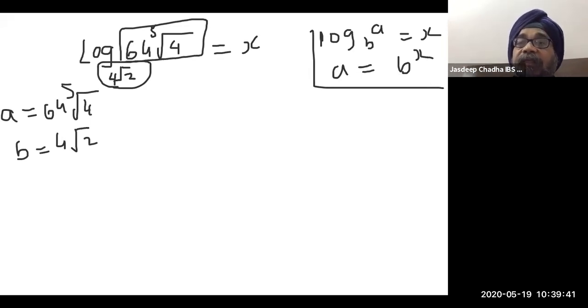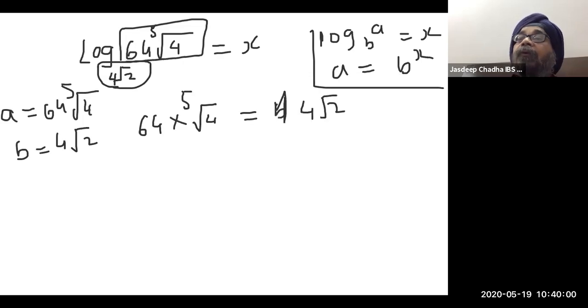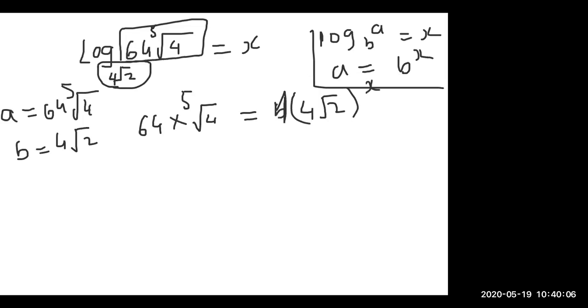So it means 64 multiplied by 5th root of 4 is equal to, sorry, not b, it will be 4 root 2 to the power x. Correct?